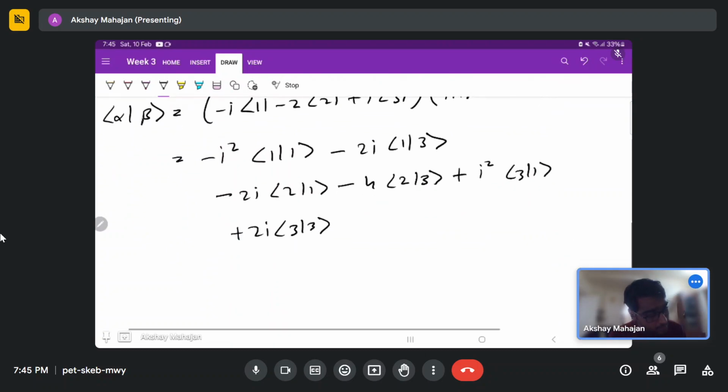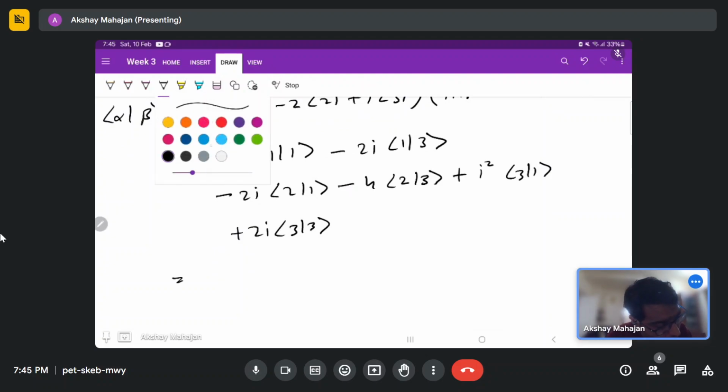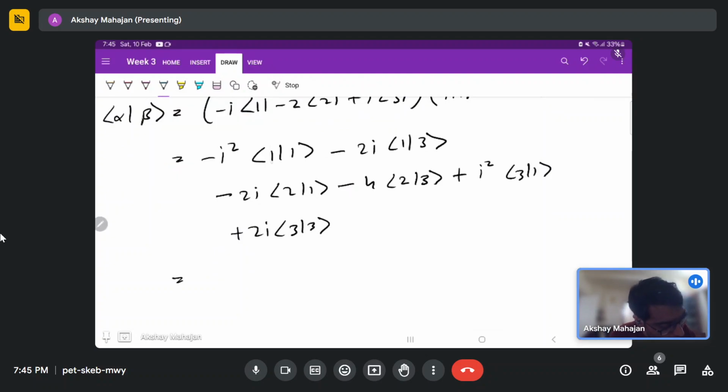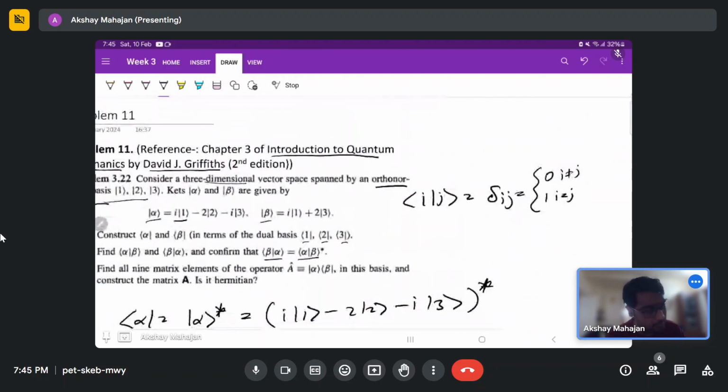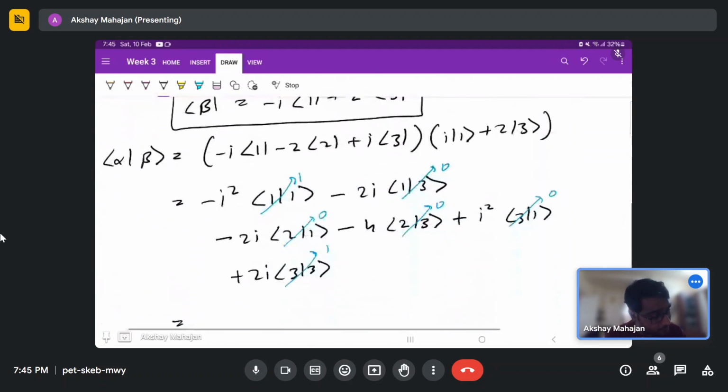Right, and here this will be equal to 1, this will be 0, this will be 0, this will be 0, this will be 0, and this will be 1. Because of this relation, bra i ket j will be equal to delta ij, because these are orthonormal bases.